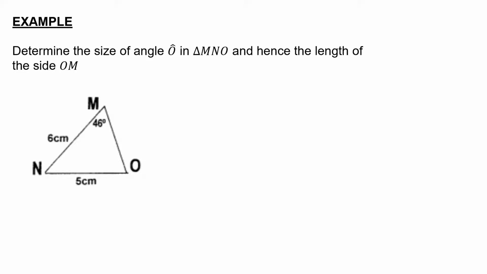The way that you can remember it in words is that it's always going to be side 1 over opposite angle 1 equals side 2 over opposite angle 2. Then you can swap the numerator and denominator around depending on whether you're trying to find an angle or a side.